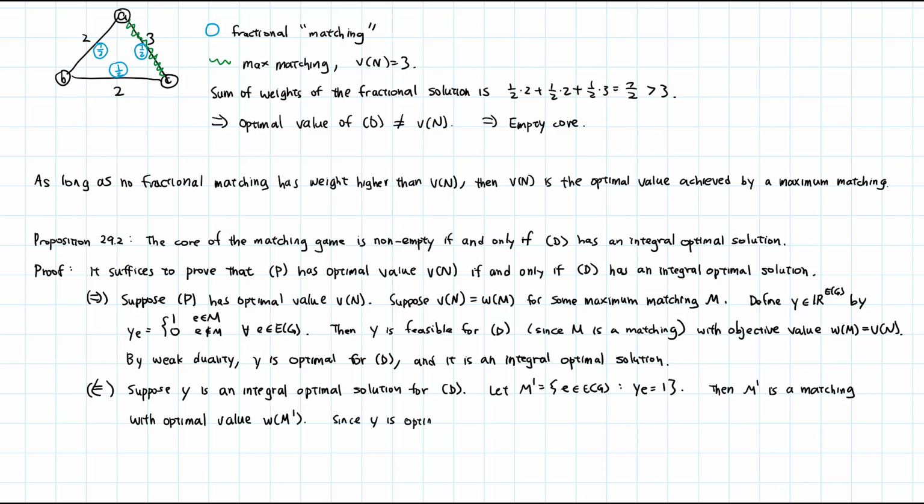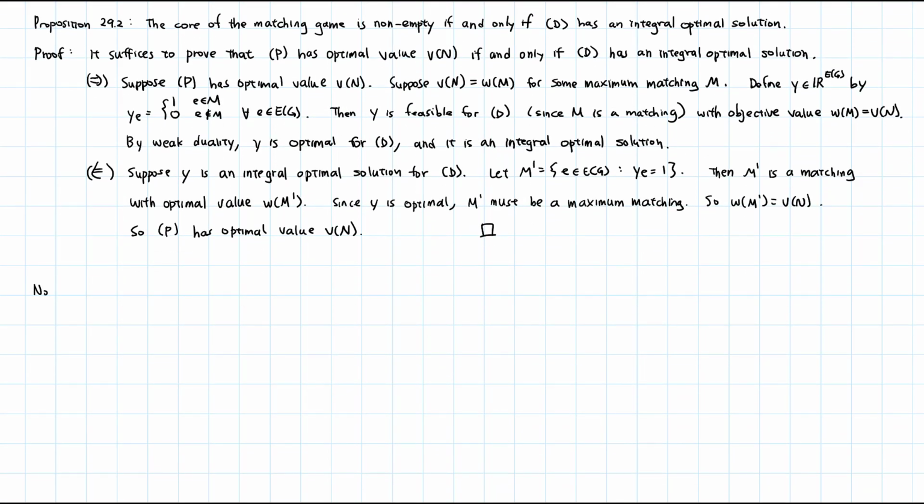Since Y is optimal, M prime must be a maximum matching. So the weight of M prime is equal to V of N. So P has optimal value V of N. And that concludes our proof. So determining if the core is non-empty is equivalent to determining if D has an integral optimal solution.